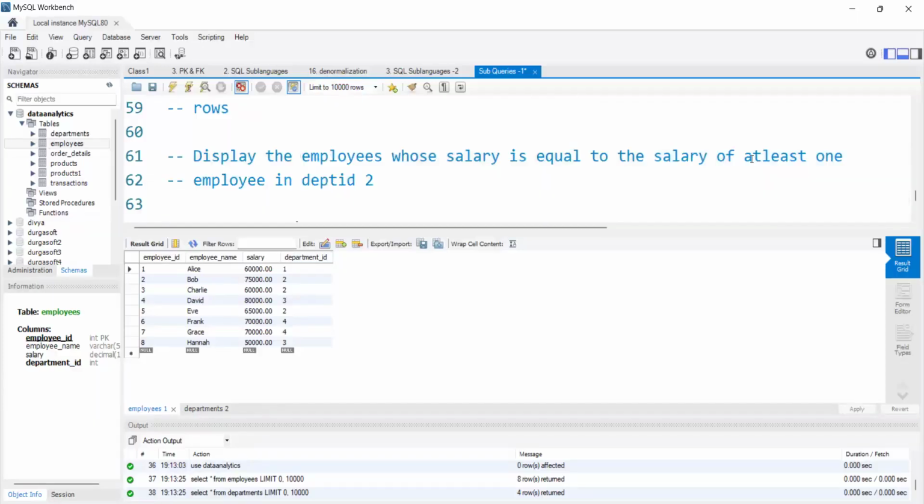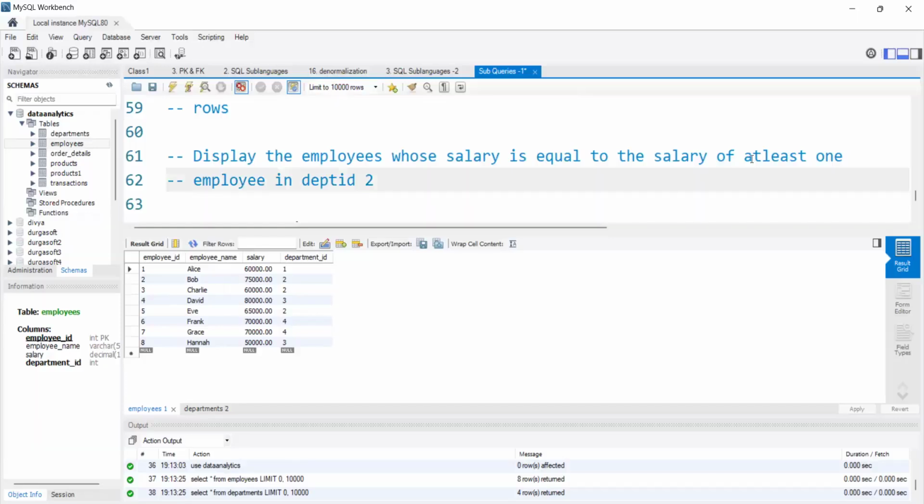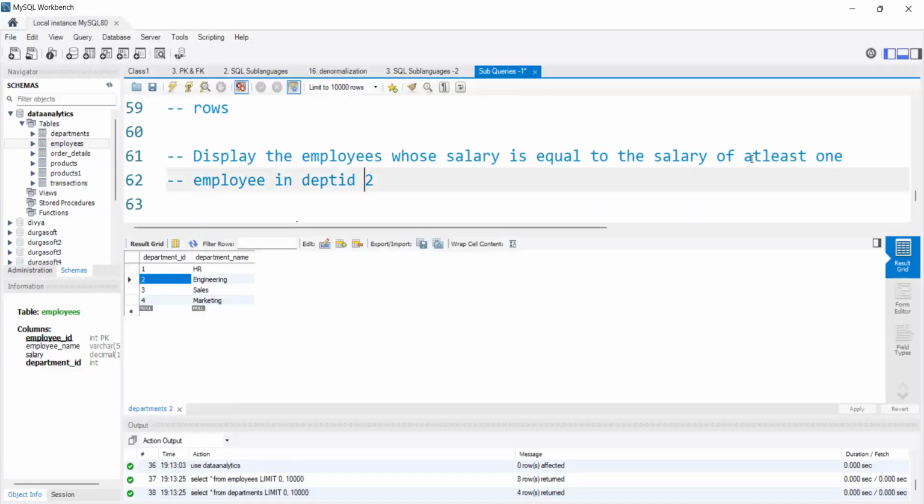Here you saw in the employees table I have department ID. In the departments table also I have department ID, and basically I have four departments here like HR, engineering, sales, marketing. We are talking about department ID 2. If we look at the data, how many employees are there in department ID 2? 1, 2, 3. Basically I have three employees working in department ID 2, correct?